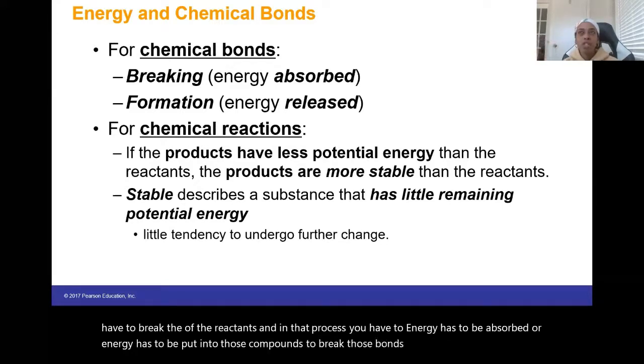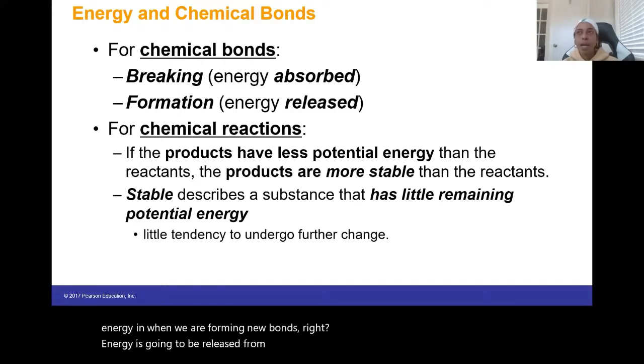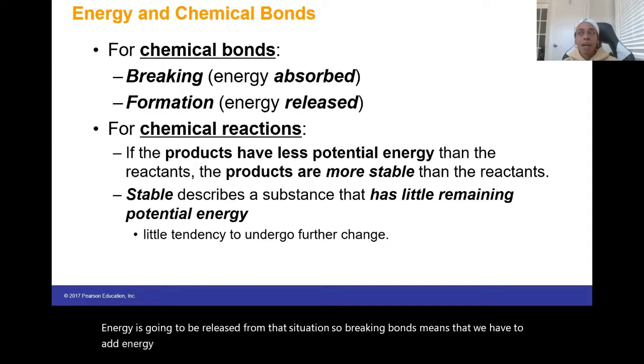So we have to put energy in. When we are forming new bonds, energy is going to be released from that situation. So breaking bonds means that we have to add energy in. Forming bonds, energy is released when we reform those bonds.